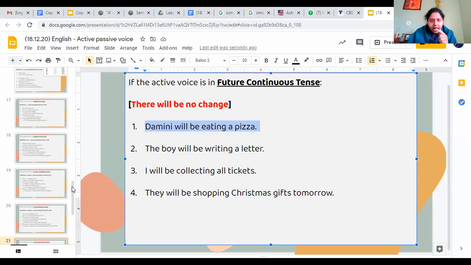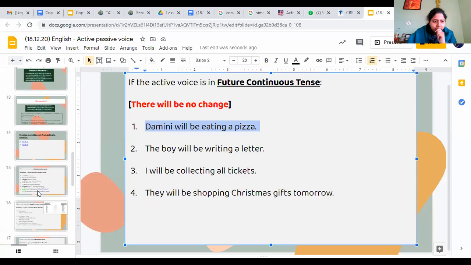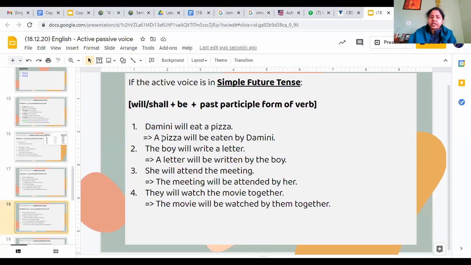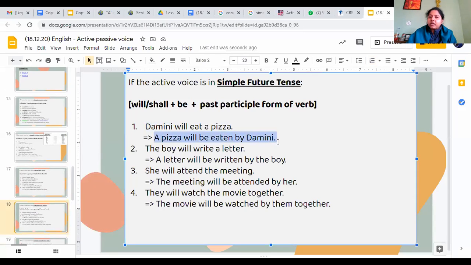Now, if I go back to simple future tense, किधर गया? Yeah, simple future tense. Read the first sentence here. A pizza will be eaten by Damini. This is the same thing that Nikita just said, right?